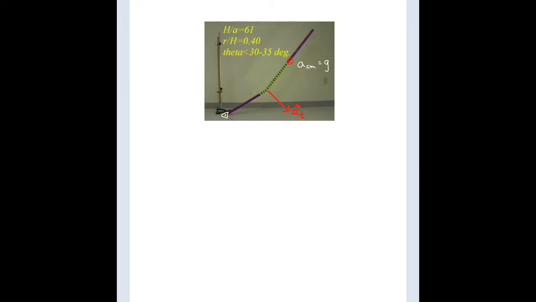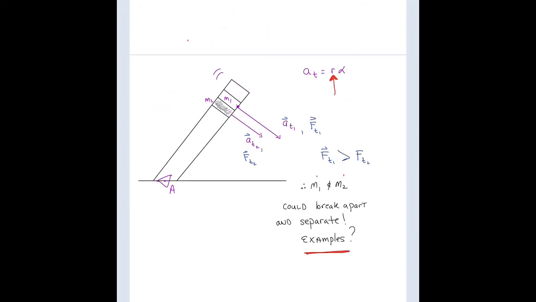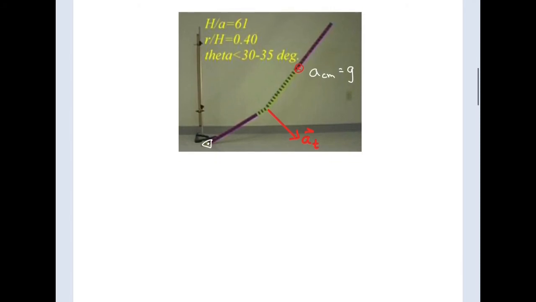Going back to this picture, if these things are blocks and they can move on top of one another, you have a static friction force holding them together. Eventually, when the tangential force overcomes the static friction force, they can break apart.